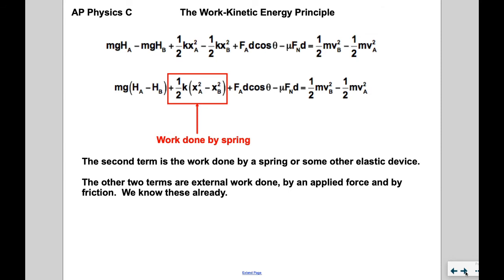So this term here, we have 1/2 k x A squared minus 1/2 k x B squared. We're going to factor out the 1/2 k, and we have the initial deformation of the spring squared minus the final deformation of the spring squared. This is what we would call the work done by the spring.